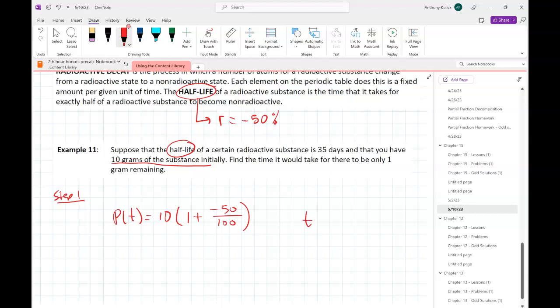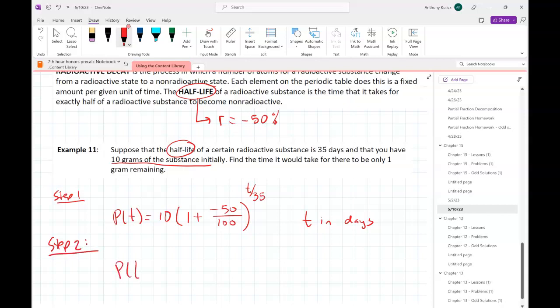Days, that's what I would use. If that's the case, what should the exponent be? Well, T over 35, yes, because 1 day is 1/35 of our half-life. If a half-life takes 35 days, 1 day is 1/35 of it. Okay? So that's step one.